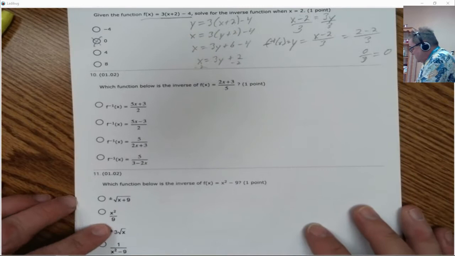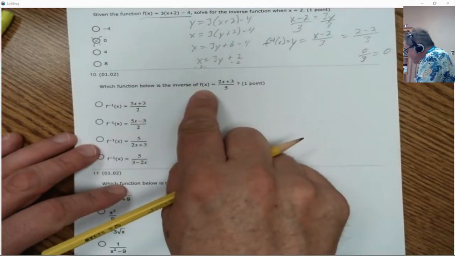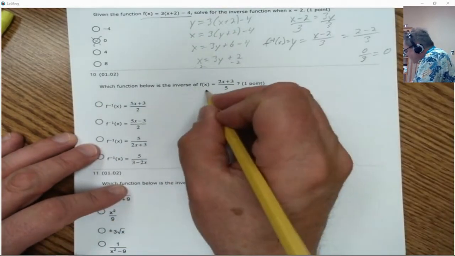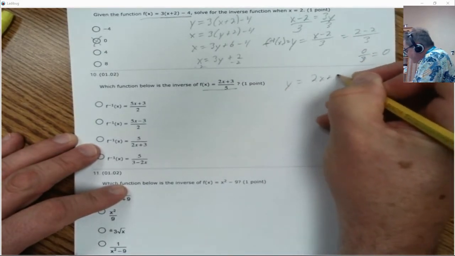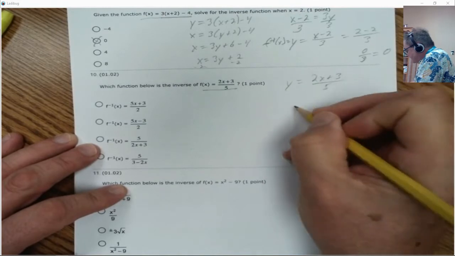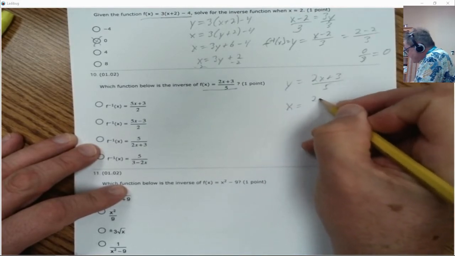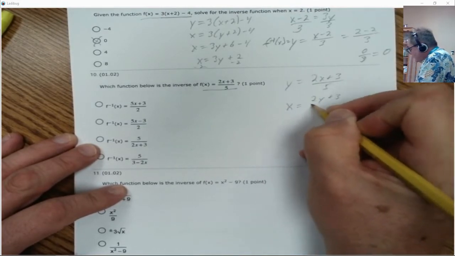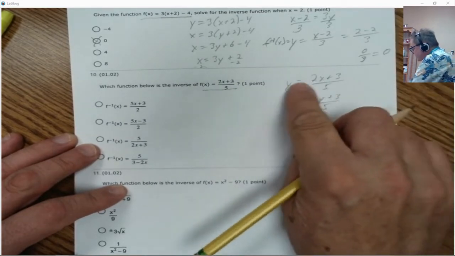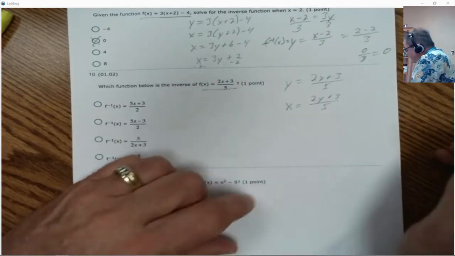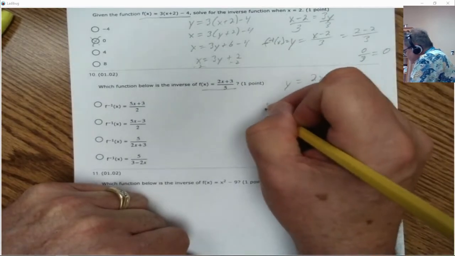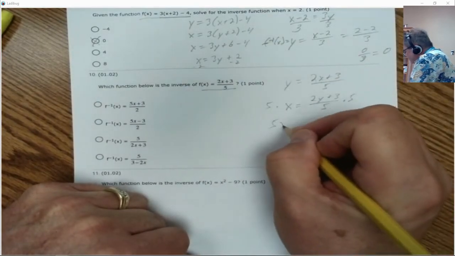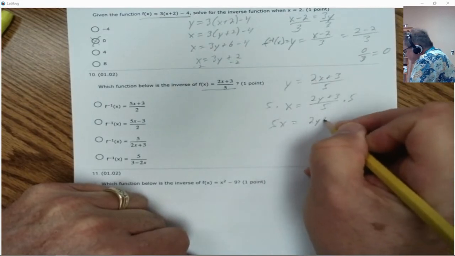All right. Which function below is the inverse of this? So y equals (2x plus 3) divided by 5. Trade places, the x's and y's. Again, more practice. Solve this. If it's dividing by 5, we can multiply everything by 5. So we got 5x equals 2y plus 3.